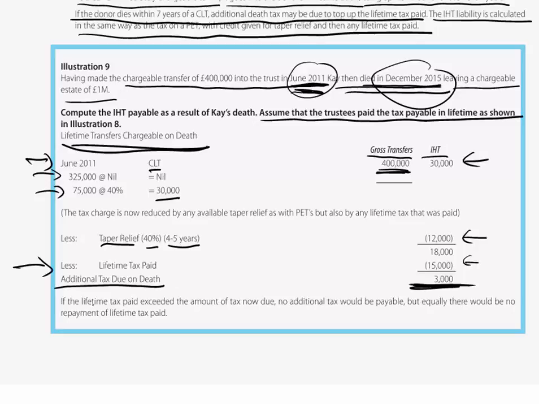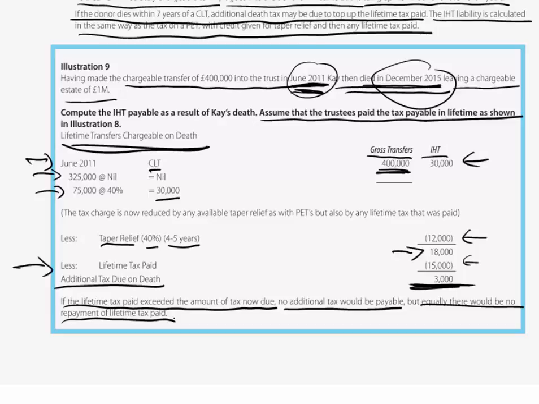Note that in relation to the lifetime tax paid, if the lifetime tax paid exceeded the amount of tax now due, i.e. it was more than £18,000, then of course there would be no additional tax payable. But equally, there would be no repayment of any lifetime tax paid. You paid the relevant amount of lifetime tax, that's it, job done, we're never going to go back and get any of that returned to us.